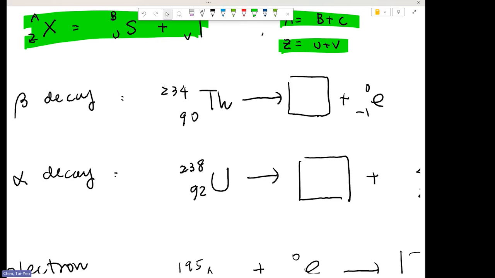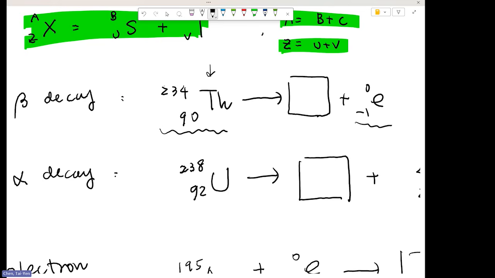If today I say there's an atom, Th-234 with proton number 90, that undergoes a beta decay, equation-wise it will look like this. Beta decay means you're going to have a beta particle, which is an electron.